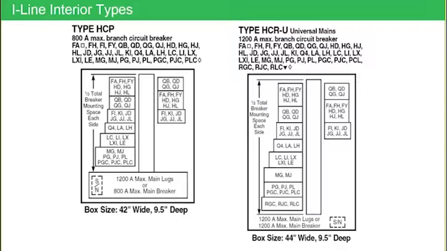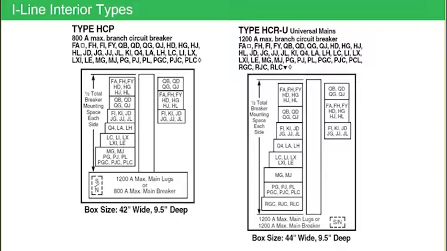That's because there is no such thing as a vertically mounted main for this HCR-U interior. Every main for an HCR-U is going to be a back-fed device. It's going to be branch mounted like we saw earlier in those photographs. It's going to be branch mounted and it's going to be back-fed.